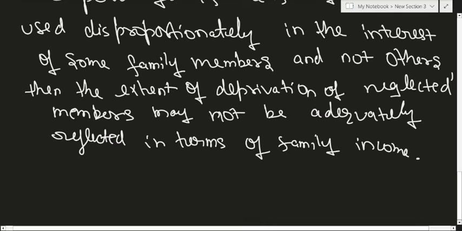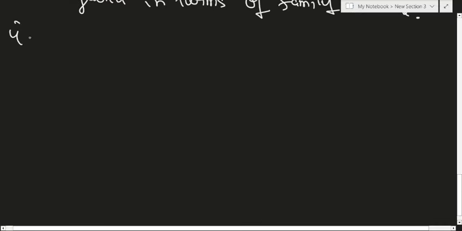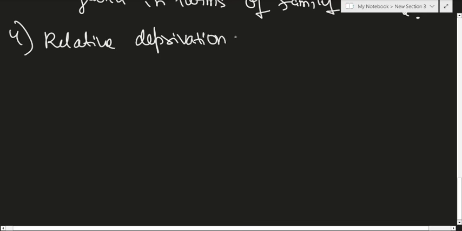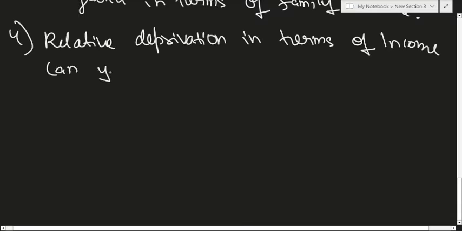Okay, then we have another point, that is the fourth one: relative deprivation in terms of income can yield absolute deprivation in terms of capabilities.